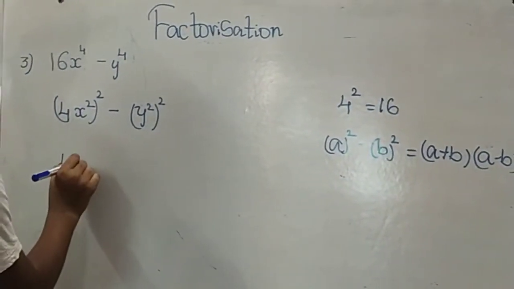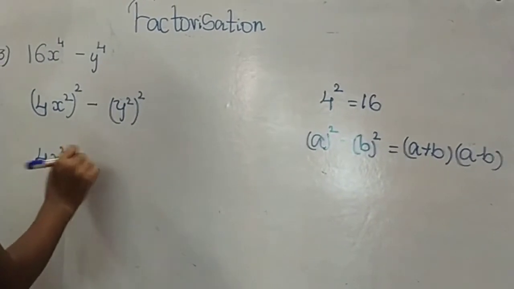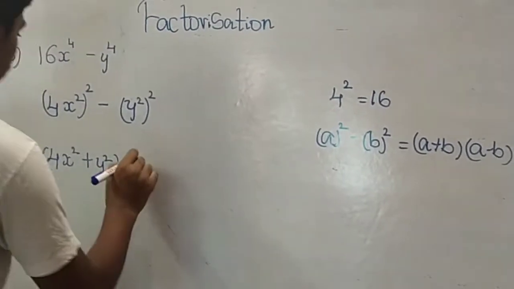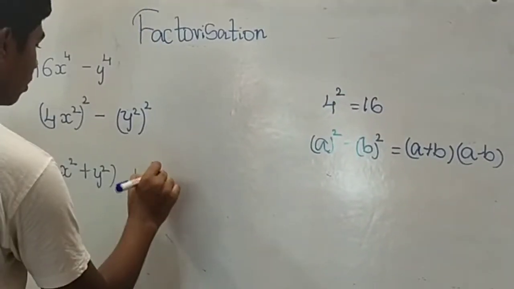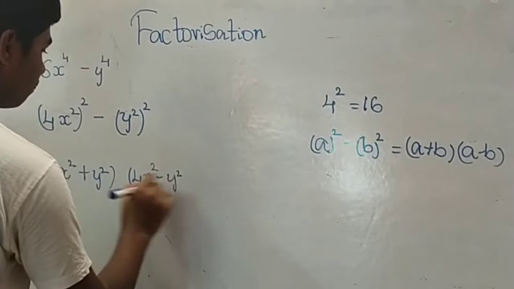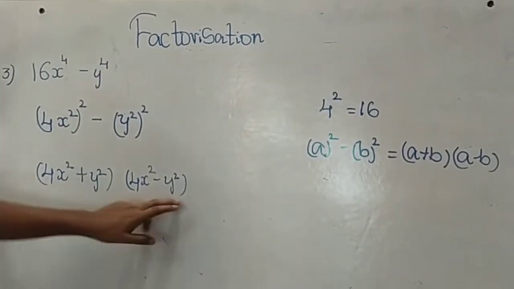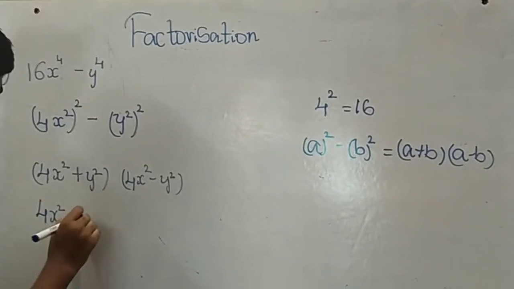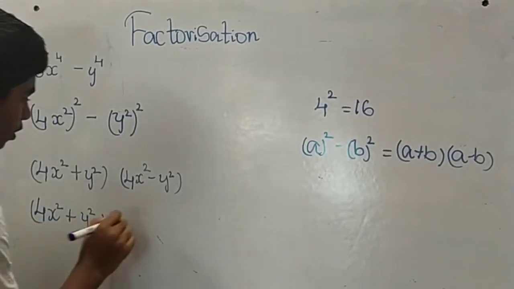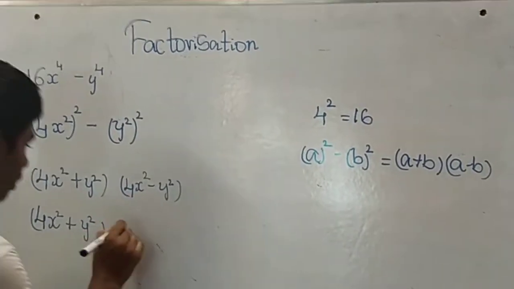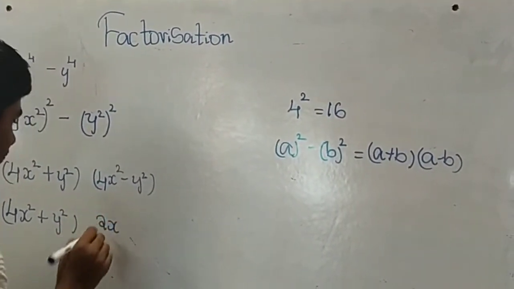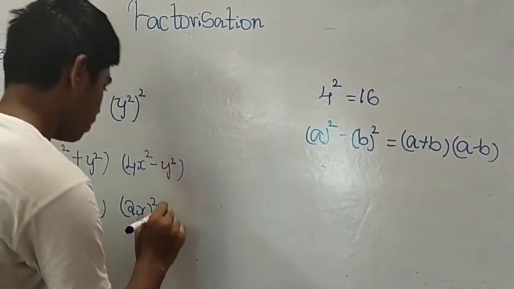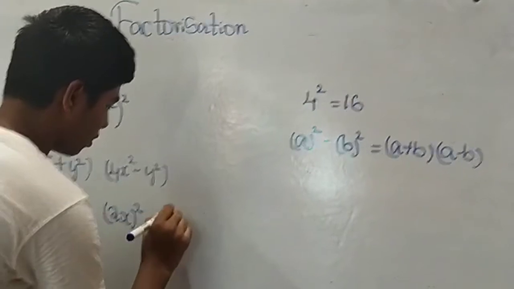Now 4x square plus y square into 4x square minus y square. The second factor we can write as (2x) whole square minus y whole square.